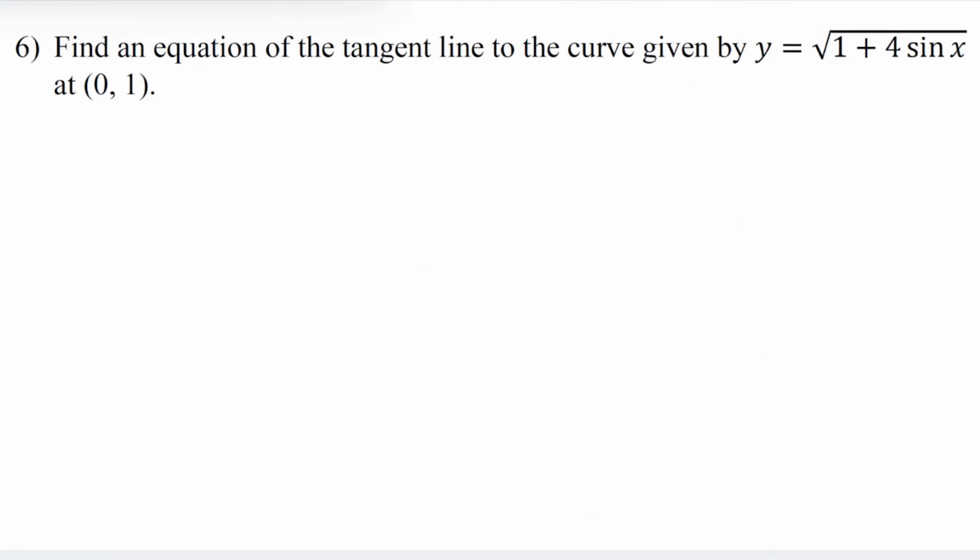All right, next one. Same thing, we're looking for the equation of a tangent line. So I've got my equation, I have to find my derivative of this. So we're going to rewrite this problem so it's a little bit easier to see what you need to do. So this one we have to do the chain rule.